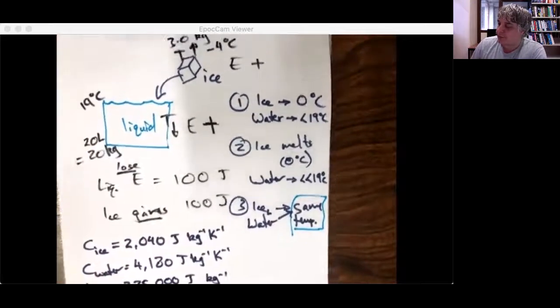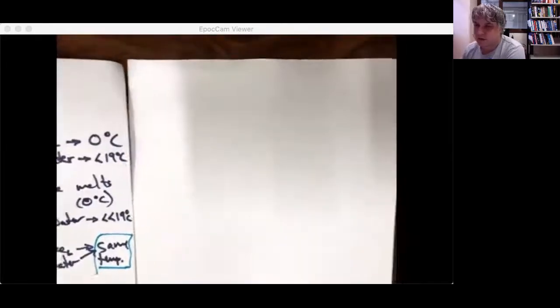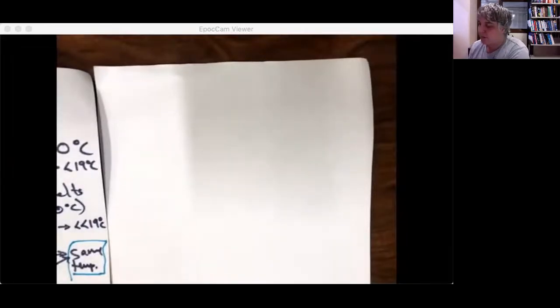So the first step is that the ice comes from -4 degrees Celsius up to 0 degrees Celsius. How do we do that? Well, that's just a temperature change, which is just our specific heat capacity.